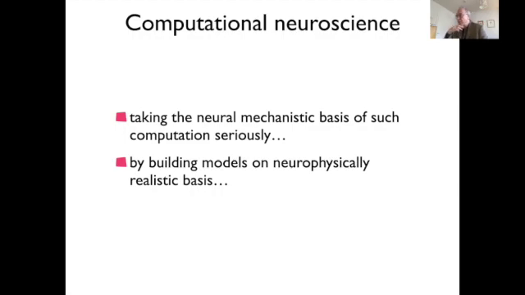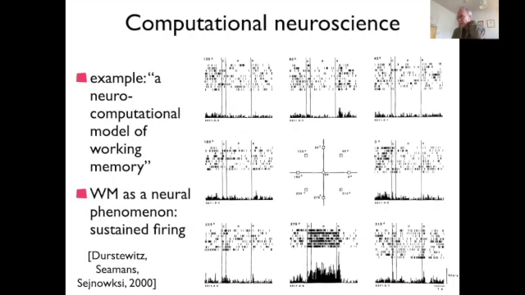And it's taken seriously by using a much lower-level, neurophysically realistic approach. For instance, we take the Hodgkin-Huxley model, a model of synapse dynamics, where the really physical parameters like the concentration of certain neurotransmitters are part of the description. And then try to derive from that something that is linked somehow to behavior.